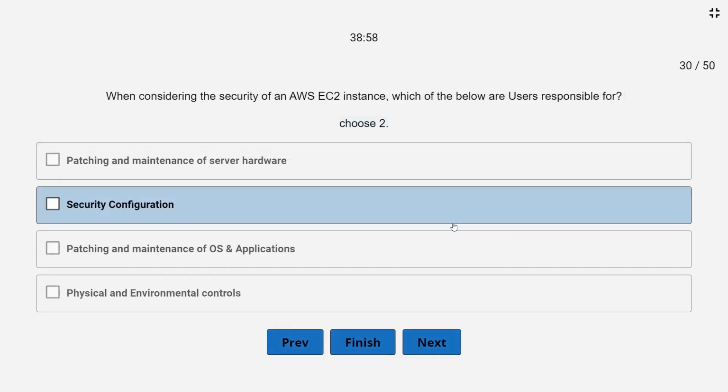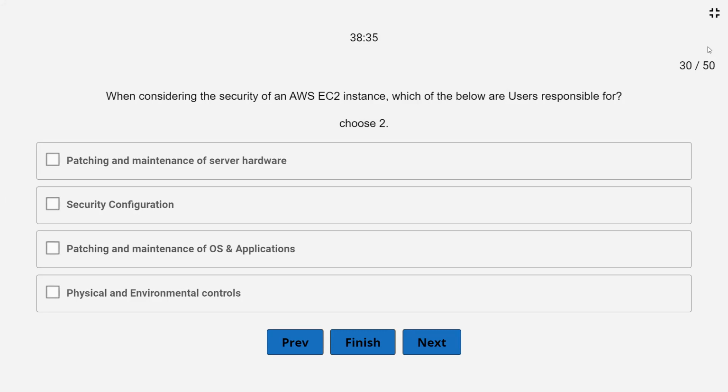When considering the security of an AWS EC2 instance, which of the below are users responsible for? Choose 2.